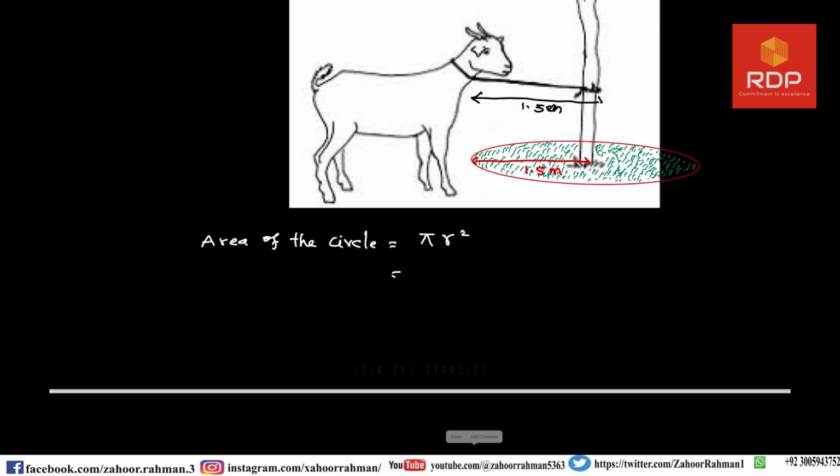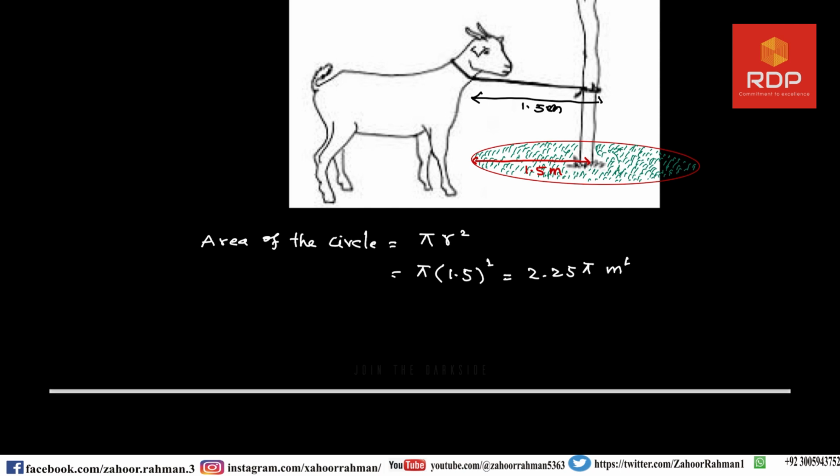R is given to us, so we are writing 1.5 whole square, and when we calculate it, it will be equal to 2.25 pi, and that will be meter square.